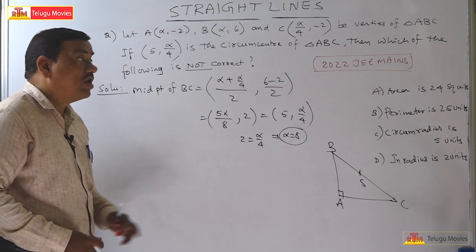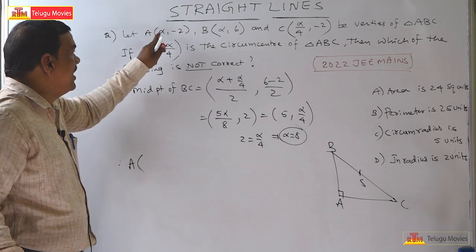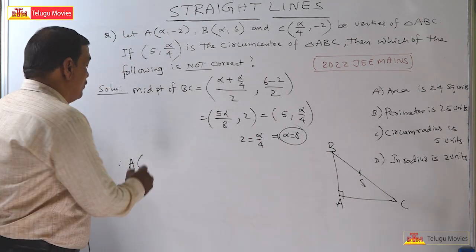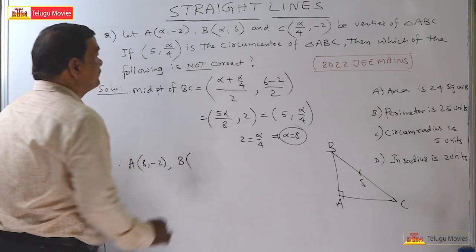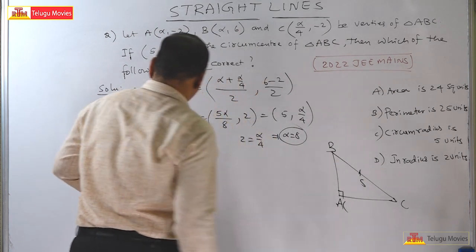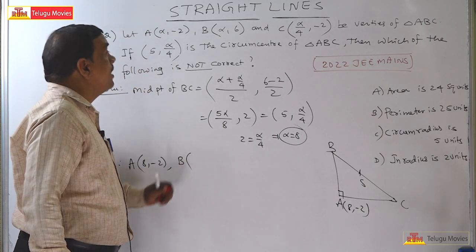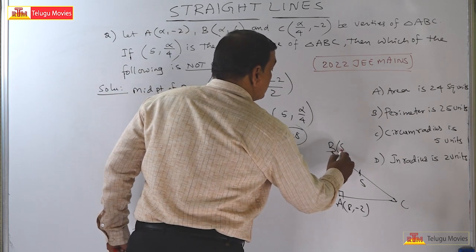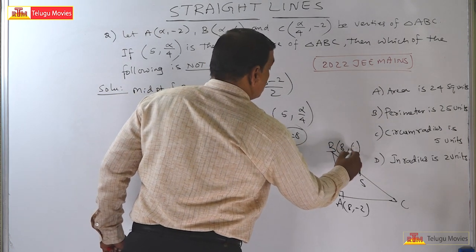So after finding alpha is equal to 8, what are the coordinates of A? A is 8 comma minus 2, B is 8 comma 6.